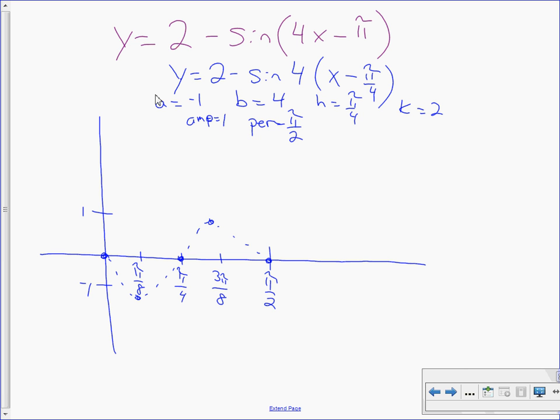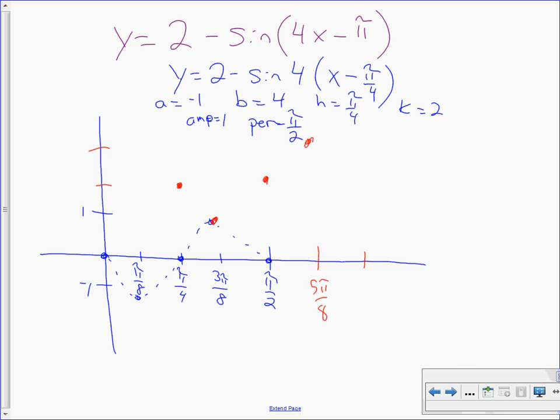So here when I do that, I start to relabel. Pi over 4 and 2. 3 pi over 8 and 1. Pi over 2 and 2. New one will be at 5 pi over 8, and it's up here at 3.